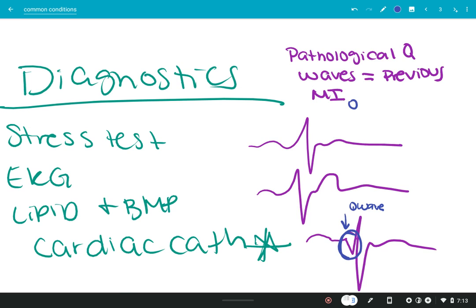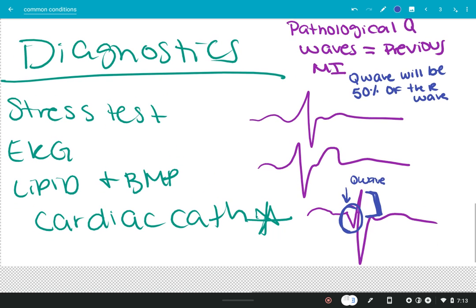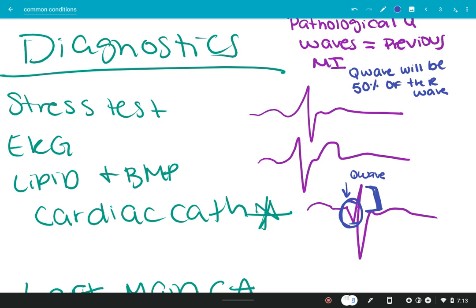The Q wave will be half of the R wave. Okay? So the R wave is this right here. This Q wave will be half the length of the R wave, and that's how you know that it's a previous MI. You could get really down into the nitty gritty with the amplitude and duration, but you just have to remember it's half of the R wave.